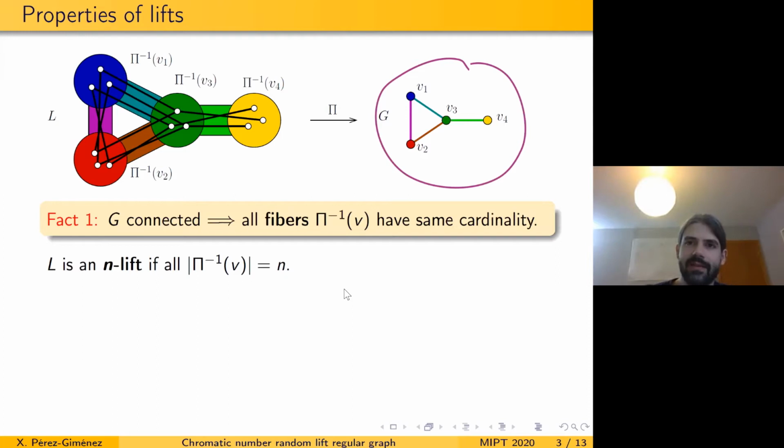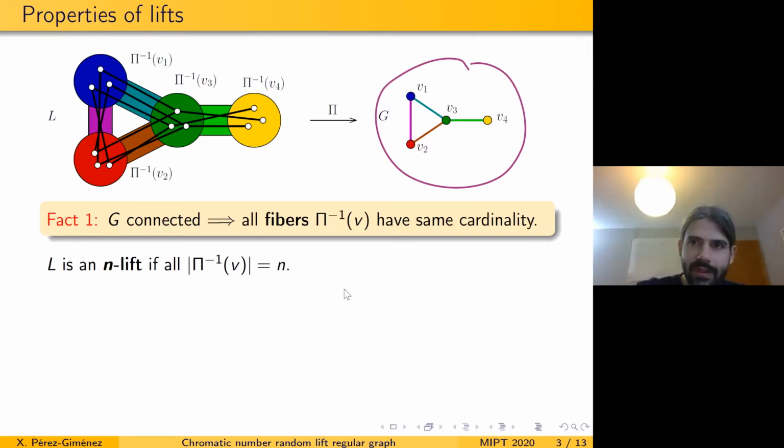So in fact, there's a notion of universal lift, which is an infinite tree that is a lift of a connected graph and that has some universality property, but I'm going to focus on finite graphs only.